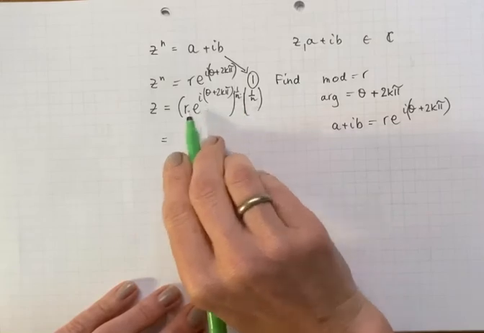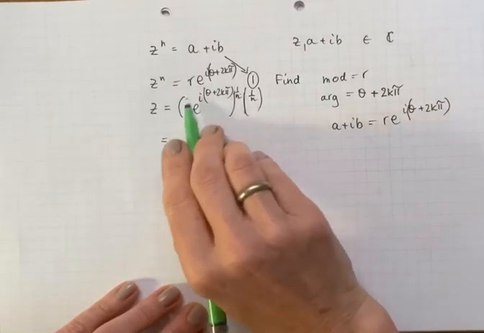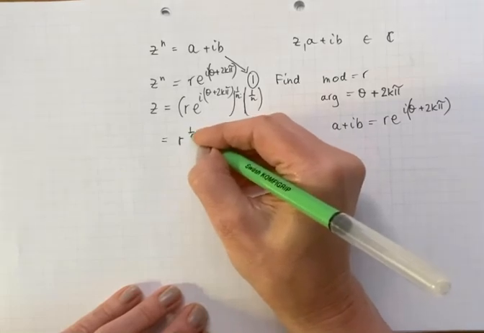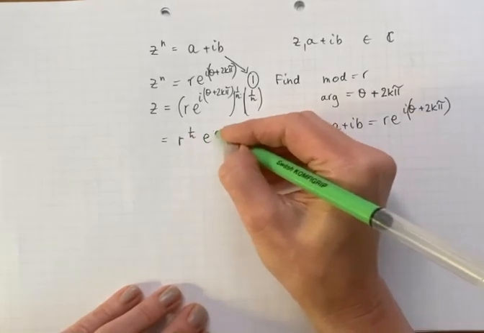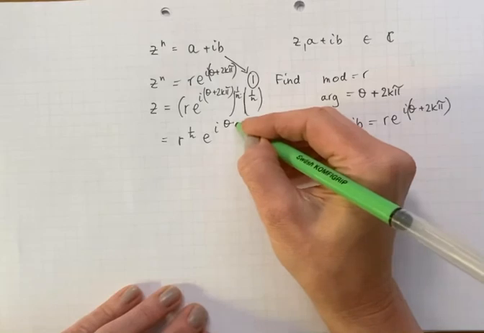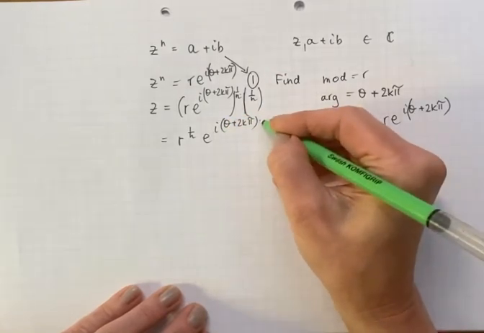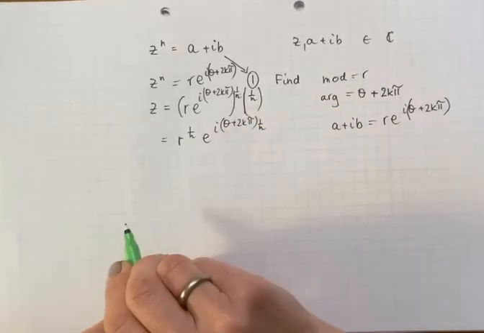So then you are going to tidy this up first. So you're going to raise r to the power of 1 over n, and then you're just going to tidy this argument. I'll put 1 over n at the end, but you could write it in front.